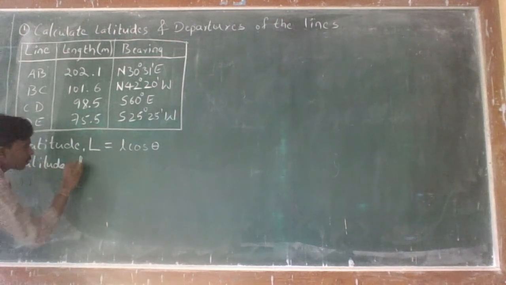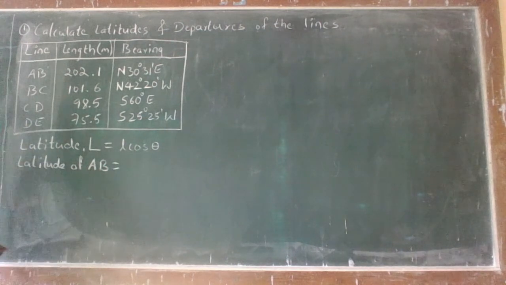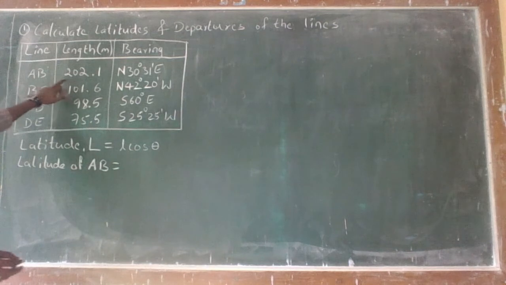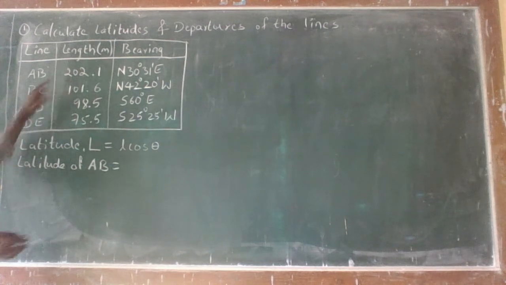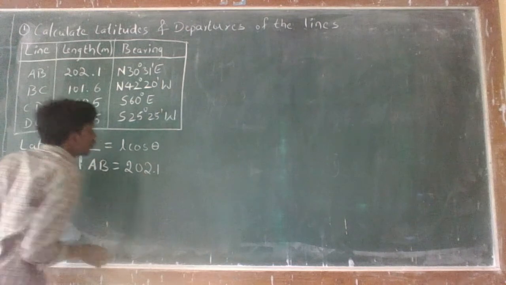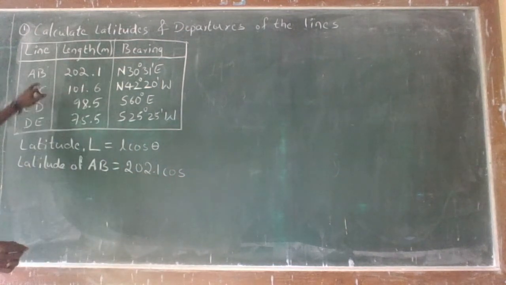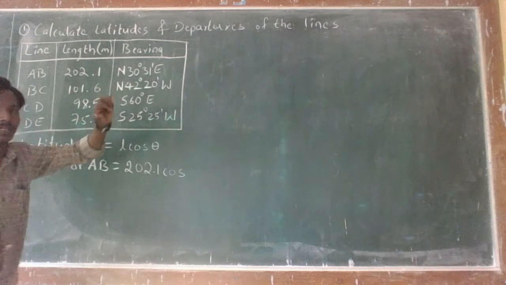Latitude of AB is equal to l cos theta. Here the length of AB is 202.1 meter. So 202.1 cos theta. The respective bearing of AB is north 30 degrees 31 minutes east.